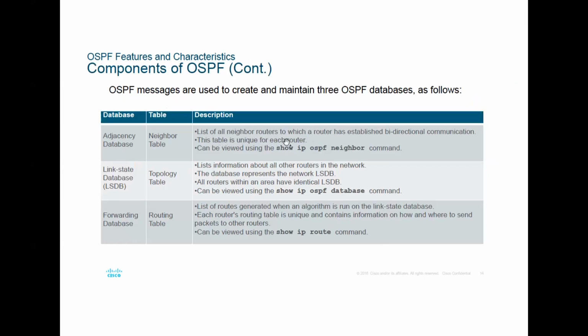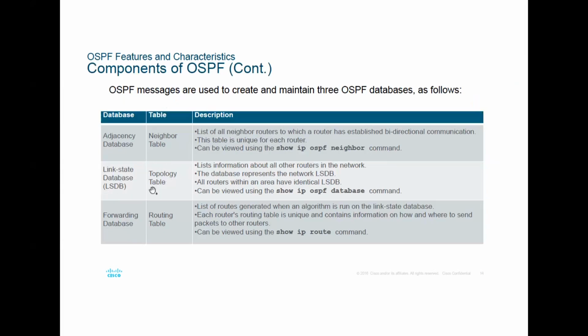This table is unique for each router and can be viewed using the show ip ospf neighbor command. When we type this at the console, we get the information of the adjacency database.